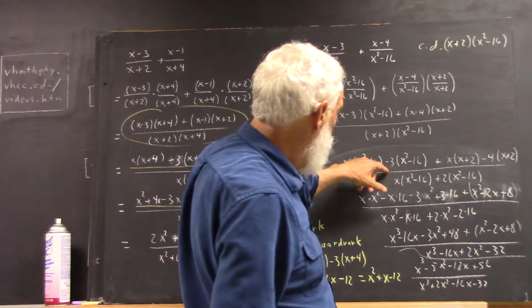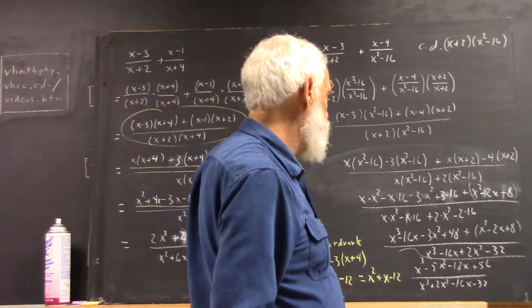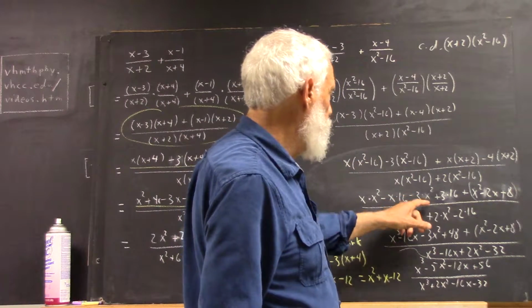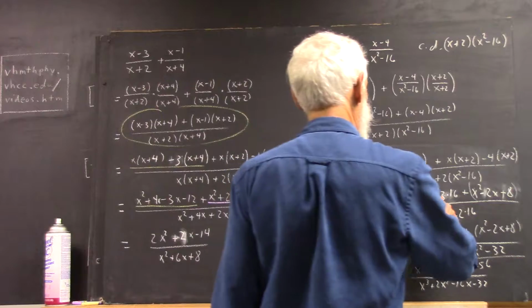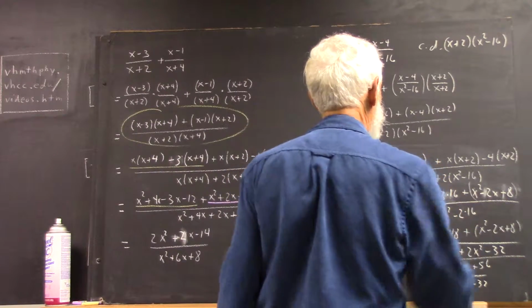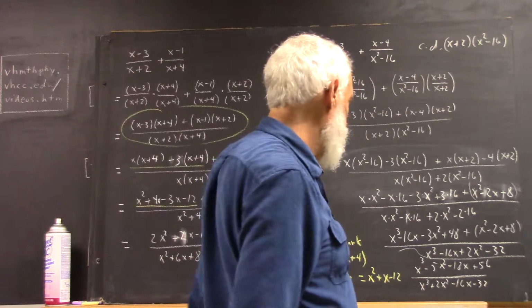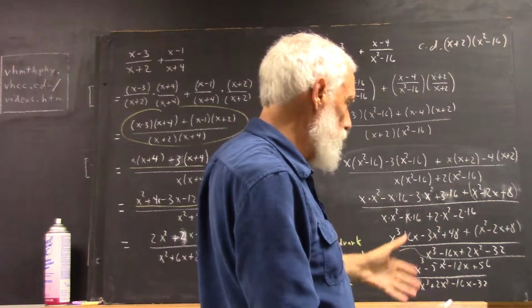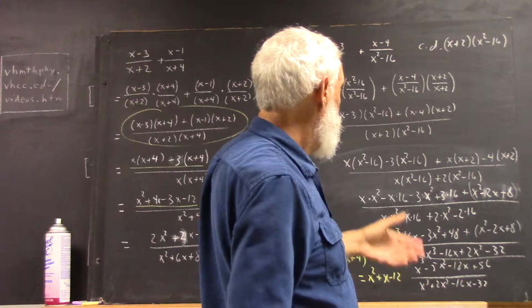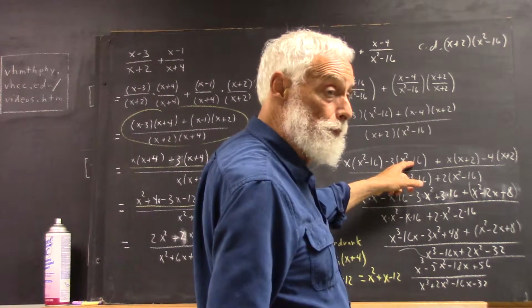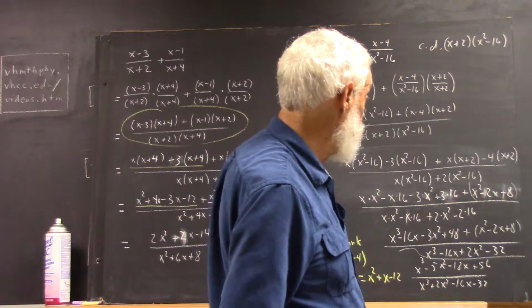Okay, and then minus 3 times x squared minus 16 is minus 3 times x squared, and then I'm going to say it's plus 3 times 16 because minus times a minus gives you a plus. Could have been complete and said minus negative 3 times negative 16, but I just used the fact that multiplying 2 negatives gives you a positive.